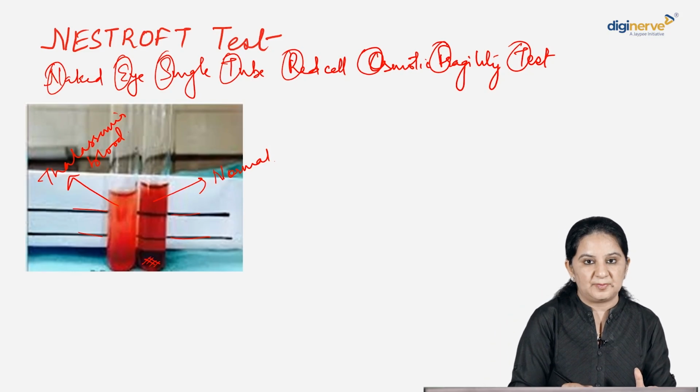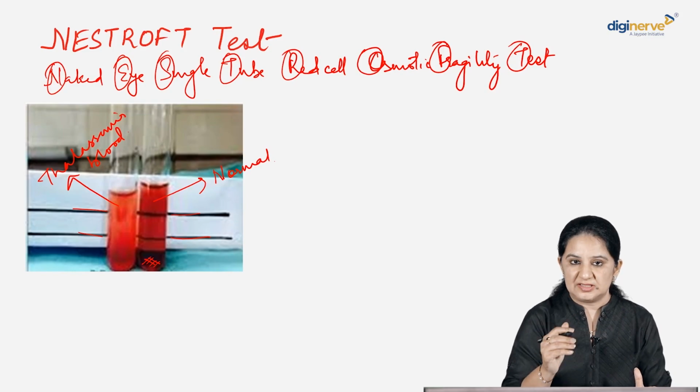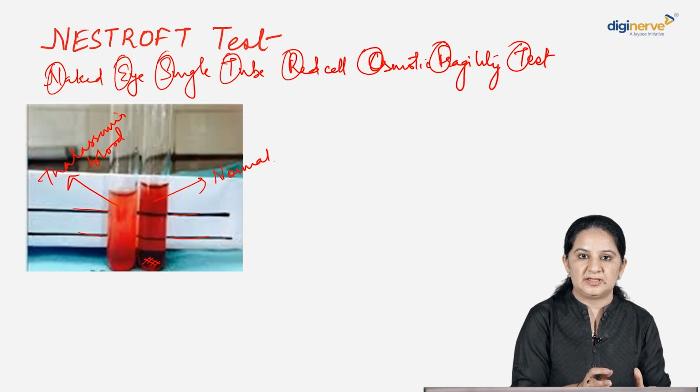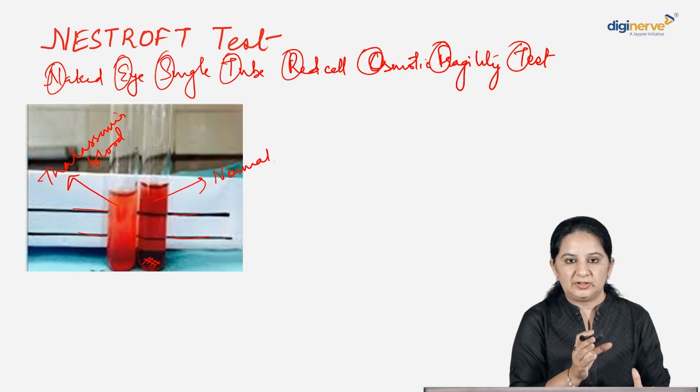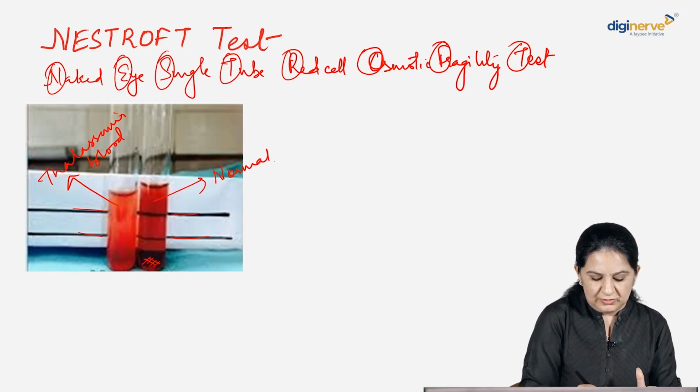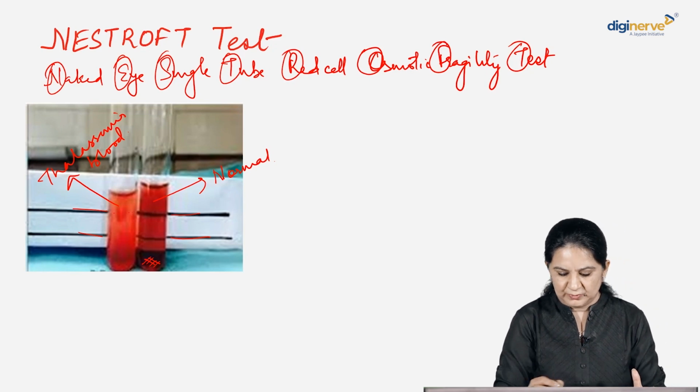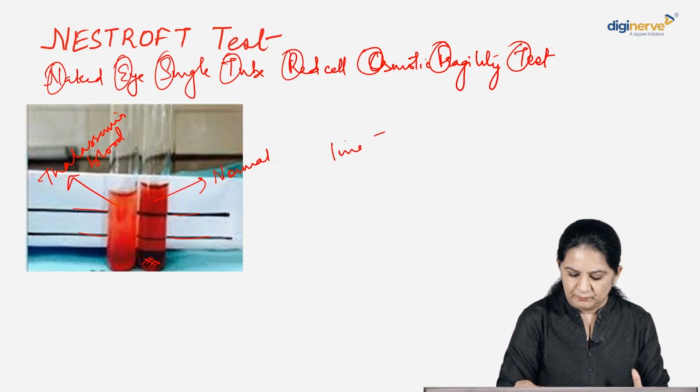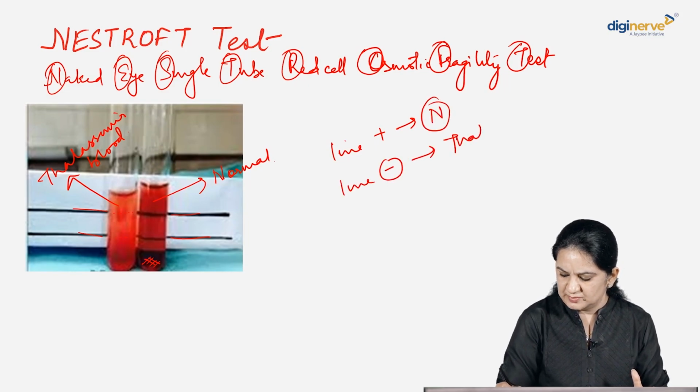So, you can see the black line behind, normal blood. While in thalassemic blood, the cells are tough, they will not lyse. So, you will not see this black line behind. If you see the line, it is normal. If the line is not seen, it is thalassemia.